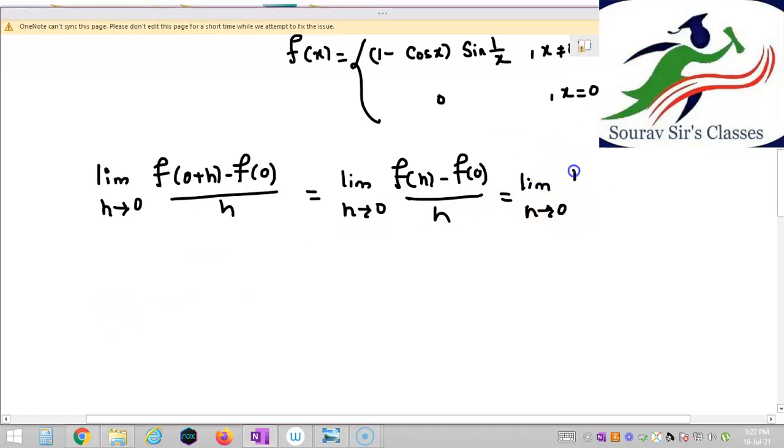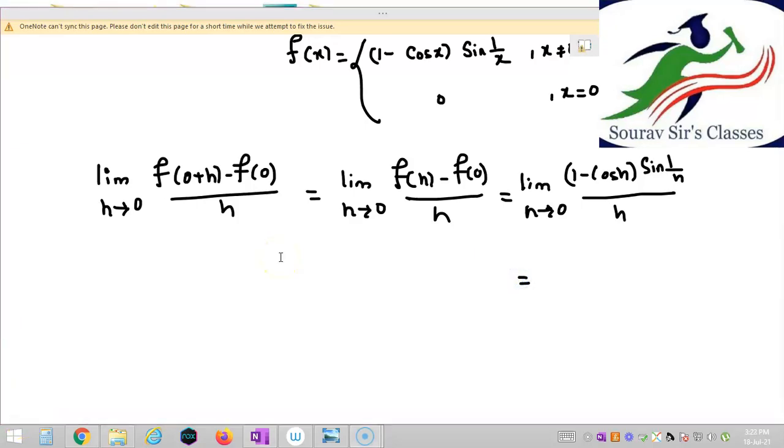that is (1 minus cos h) into sin(1/h), right? So now we need to talk about the existence of this limit.